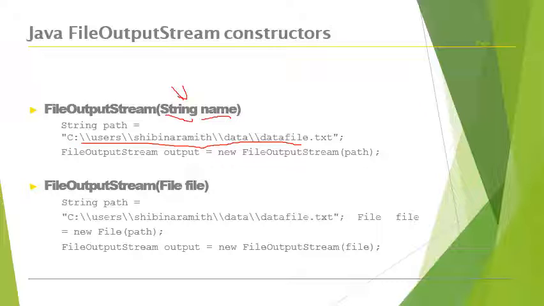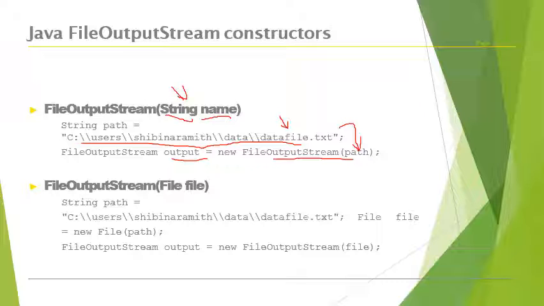We want to provide that entire path. So data file.txt is my file, residing in the C drive, and I want to give all this path. Now we can create a FileOutputStream object, and while creating the object we provide this path, and we can write everything into that file.